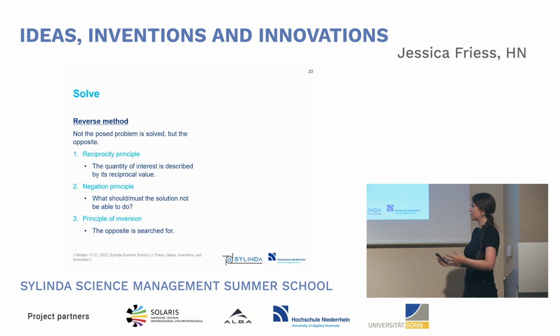And another task, I hope I do not overload you, but I would like to give you a lot of different aspects of how you can approach such problems. Another one would be the reverse method. That means we're not trying to find a solution for the problem. We would like to make the problem even worse.